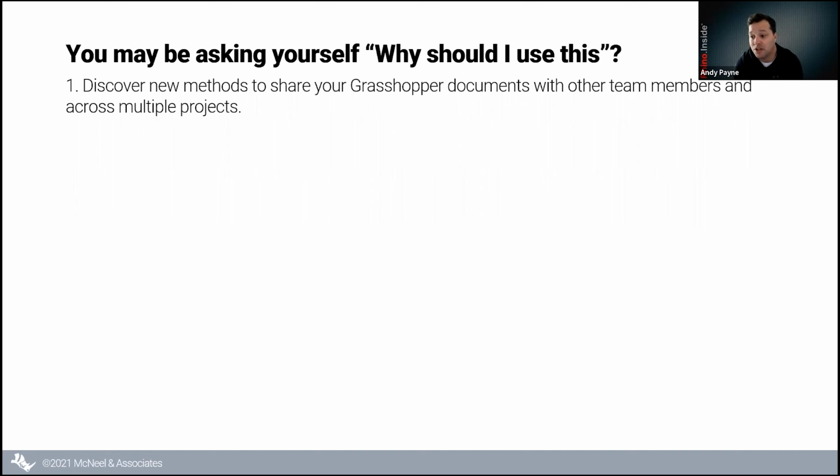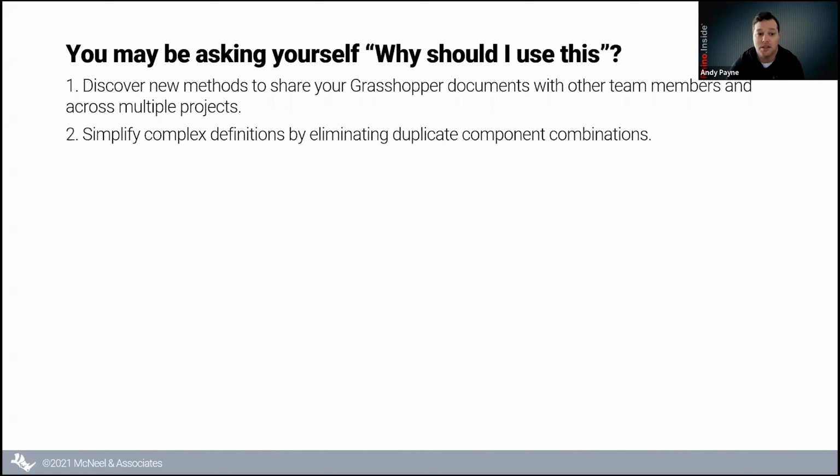Being able to share functions that you can reuse over and over in your definitions is, I think, a pretty powerful way to begin prototyping at a larger scale, right? If you're working with collaborators, being able to create definitions or functions that can be reused is a way to actually start to scale up some of your projects.